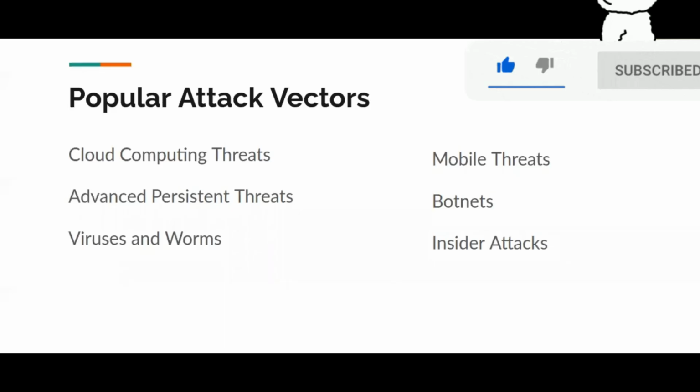By vectors, I hope you understand that it means from which direction the attack is coming. So these points on the slides tell you from which direction the attack is possible.